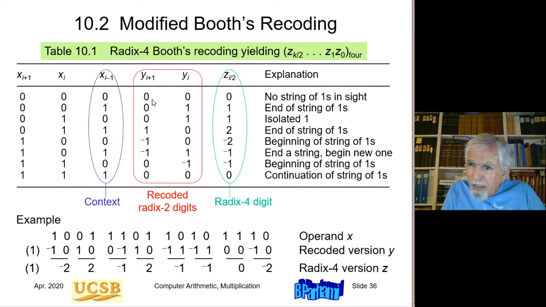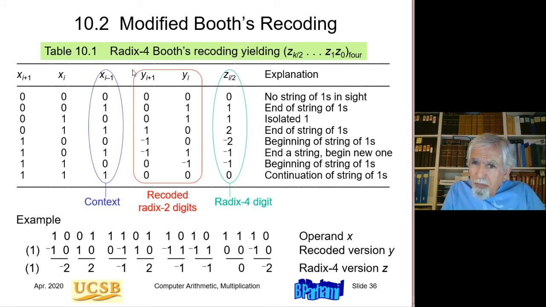So these are basically the recoded versions of xi and xi plus 1. And this is basically the 2 of these taken together. So this table basically allows me to directly encode in radix 4.